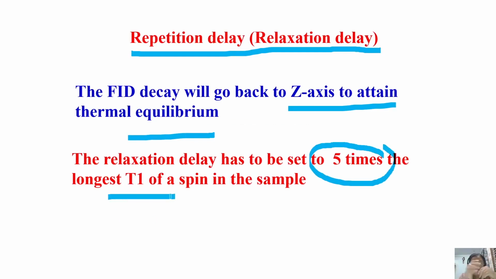Why? Because when I explained the decay and growth of the magnetization, I gave you an equation. The magnetization Mz coming back to the z-axis is equal to M0 into 1 minus e to the power of minus t by T1.